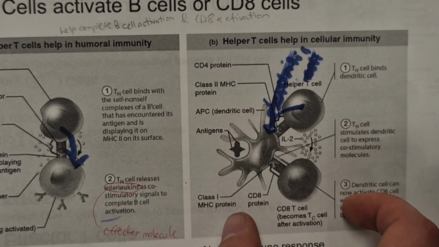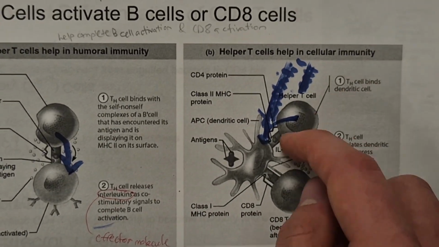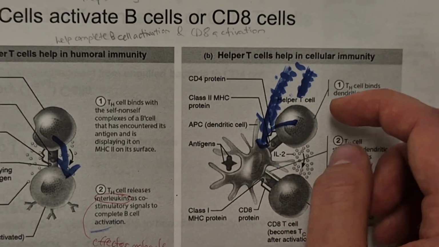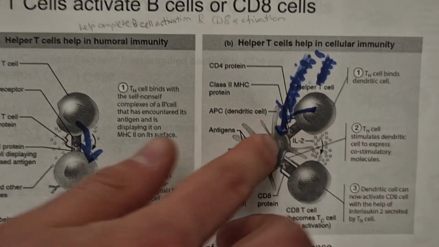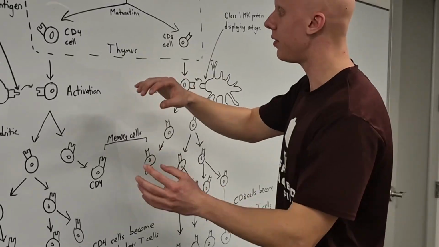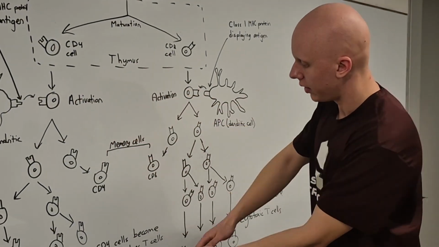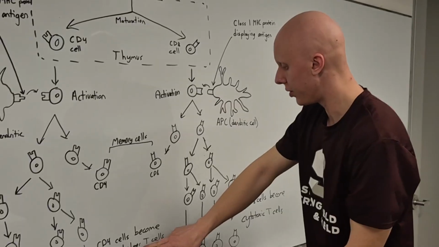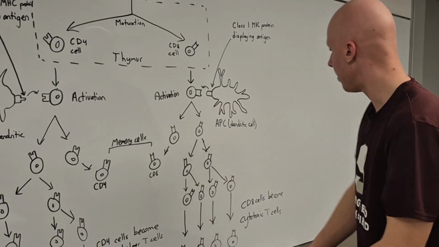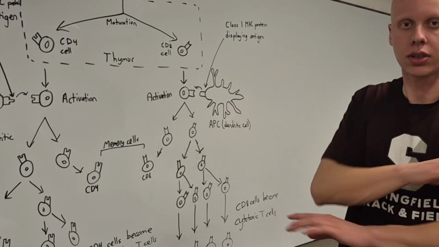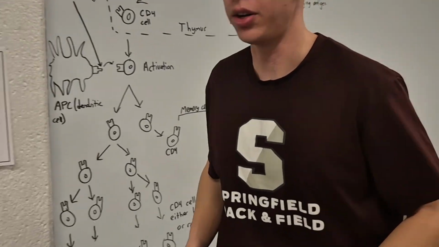In cellular immunity, the helper T cell will bind to the dendritic cell. So again, we're talking about the CD4 proteins, because remember, the CD8 cells that transform into helper Ts or regulatory Ts eventually have to become cytotoxic T cells to completely destroy what you're trying to destroy.